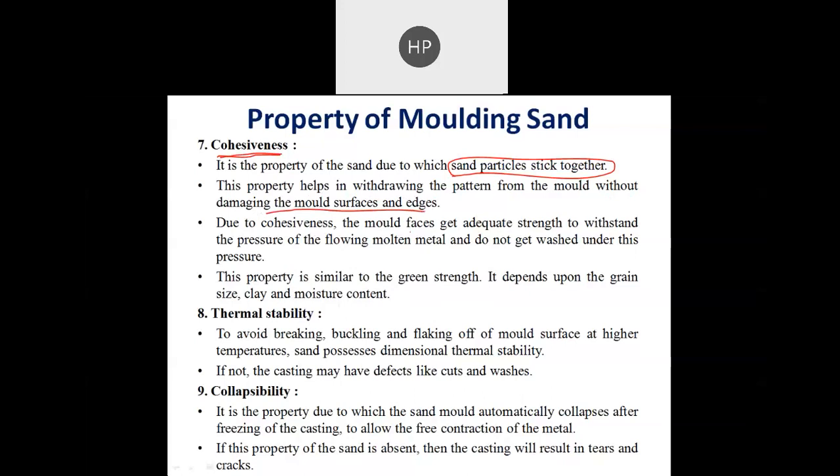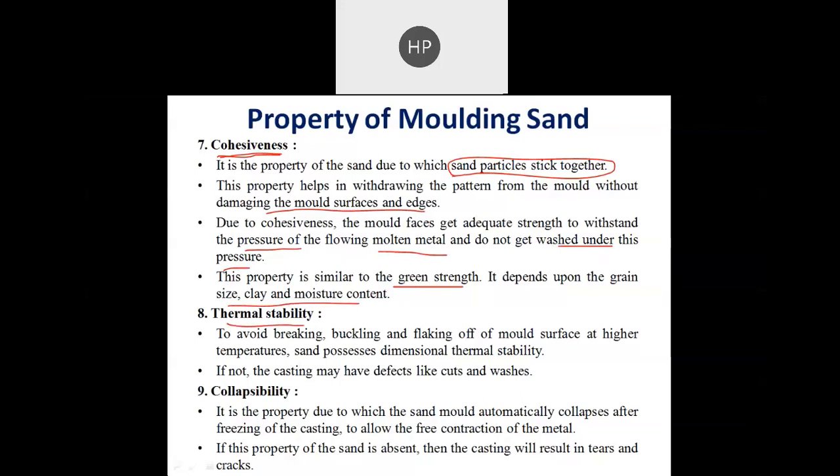And due to cohesiveness, the mold faces get adequate strength so that they can easily take the pressure of the molten metal, and they do not wash out under this pressure. It is also similar to that of green sand, and it depends upon the size, clay and moisture content.